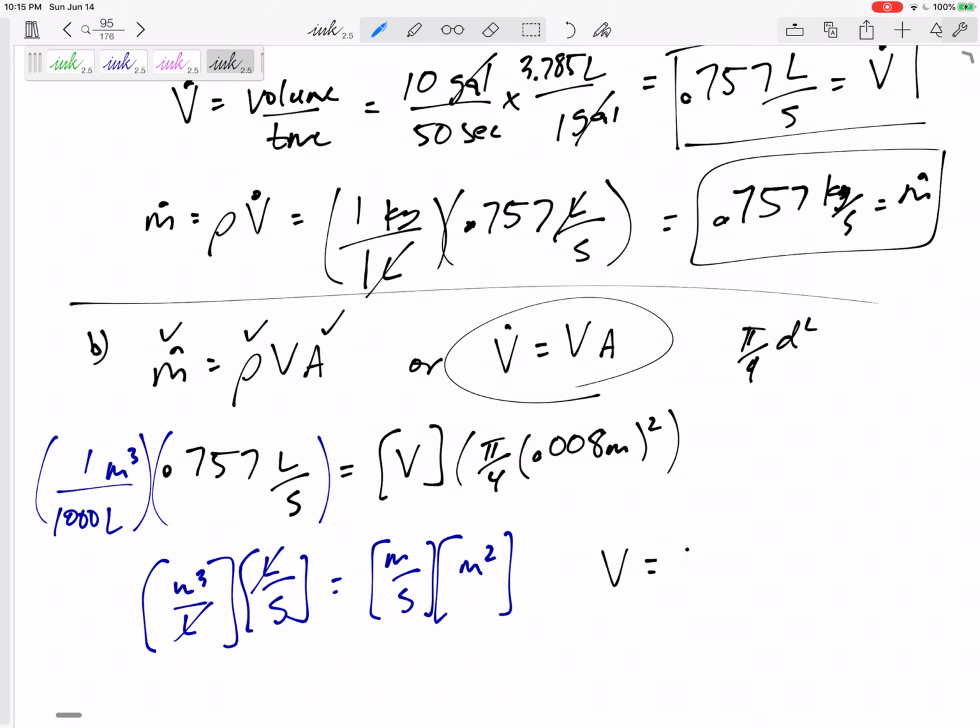That's velocity, 15.1 meters per second. That's going to be helpful. We're going to need to find velocity sometimes because of kinetic energy, right? Because we might need to find the velocity at the inlet, might need to find the velocity at the outlet.